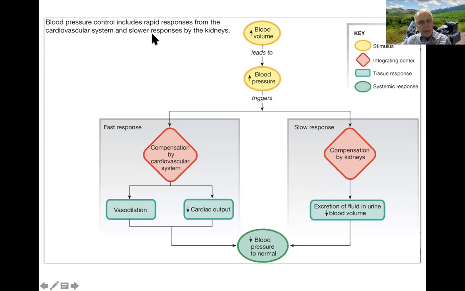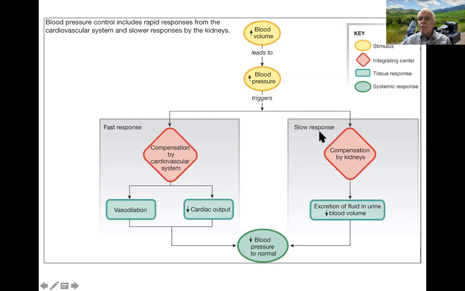So again, I've got 2 chapters on the kidneys that I'll get through, but if blood volume increases in the body, like if I had a transfusion, it would cause blood pressure to go up. That would trigger compensation by the cardiovascular system. Vessels would dilate, cardiac output would go down. There'd be a slight decrease. That would result in a drop in blood pressure. It would modulate blood pressure.